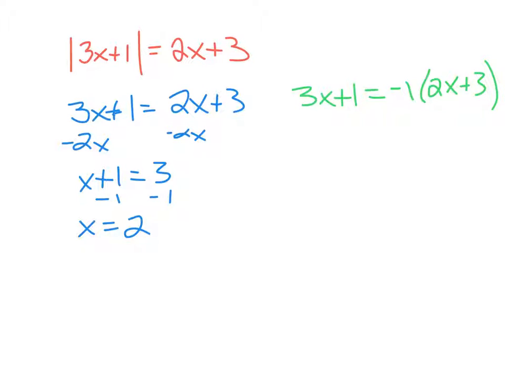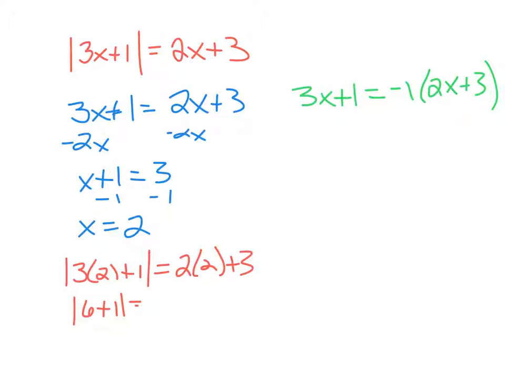You have to check these with the absolute value, otherwise it's not going to give you the information you need. So I'm going to go back and say, well, let's see, does the absolute value of 3 times 2 plus 1 equal 2 times 2 plus 3? So the absolute value of 6 plus 1 equals 4 plus 3. And so then the absolute value of 7 does equal 7. So we know that x equals 2 is a solution.